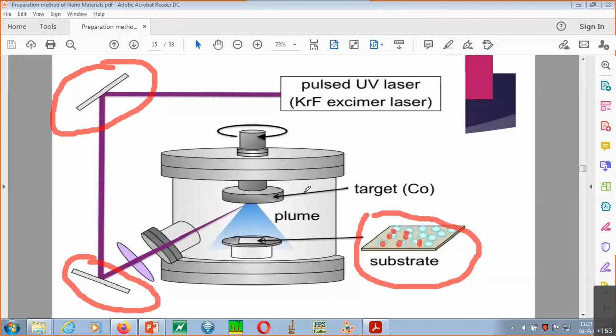So is this clear now? What is the purpose? Otherwise, if you give direct energy, a direct laser beam, to the target, there are chances it can break. The target material itself can break into two or more parts. But our purpose here is to remove the surface particles from the material.